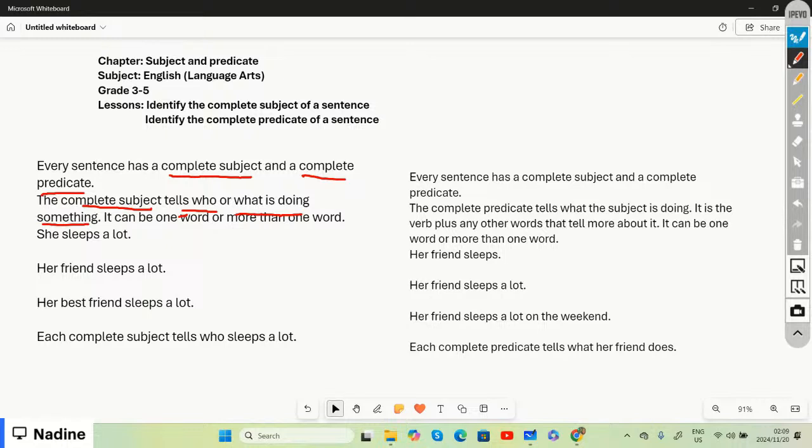That is a subject. And the subject can be one word or it can be more than one word.